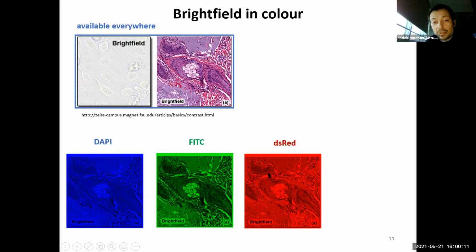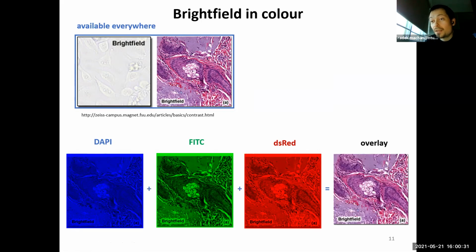Then you basically take the images, which are monochrome images, but you can give them relevant lookup tables, blue, green, and red lookup tables. And then if I overlay these images, I get an RGB image with a monochrome camera.